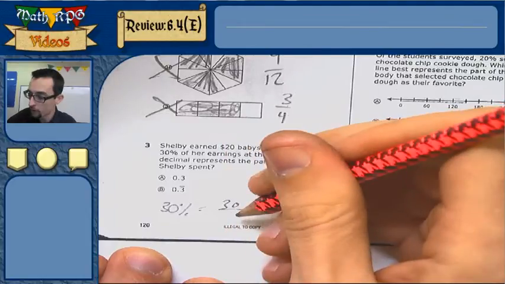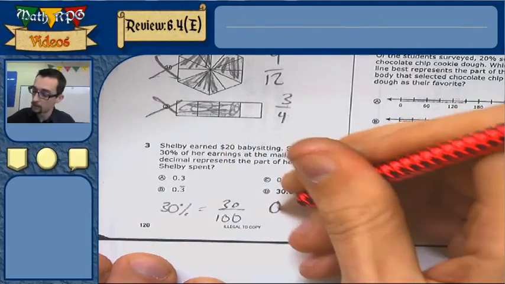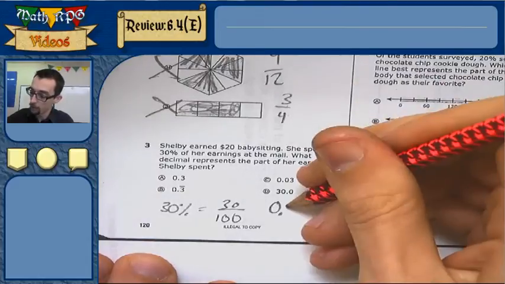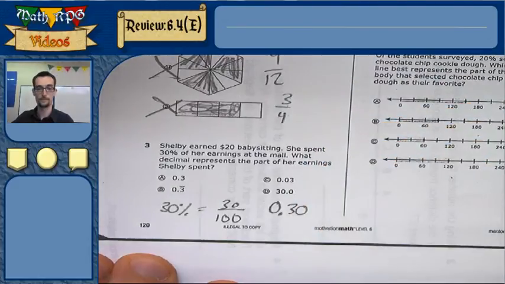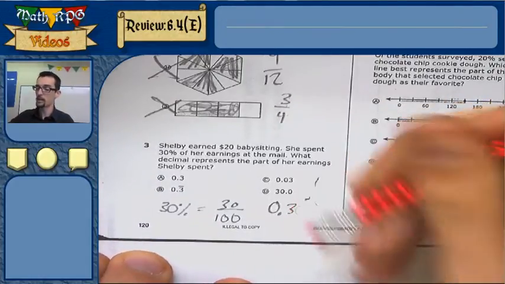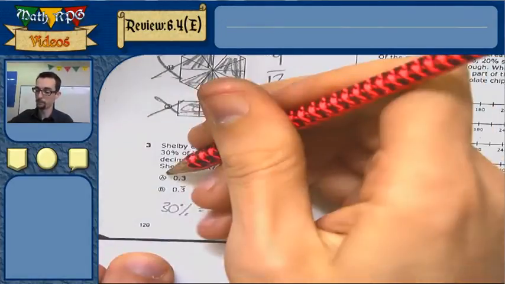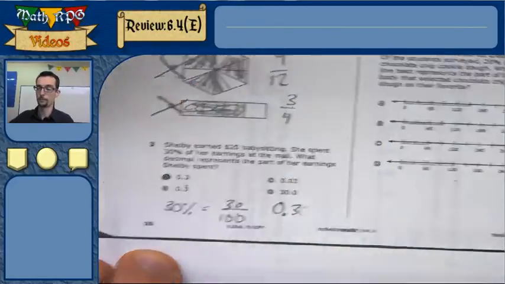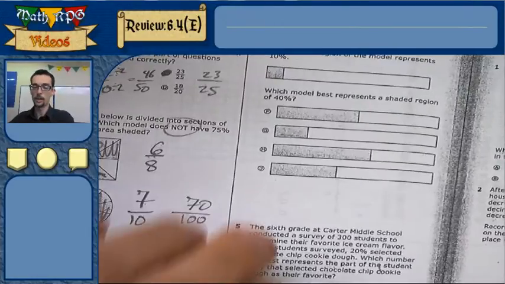So remember our place value. That would be 0 tens and 30 hundredths. So that would be answer choice none of them. But 30 hundredths is the same thing as 3 tenths. So there we go.